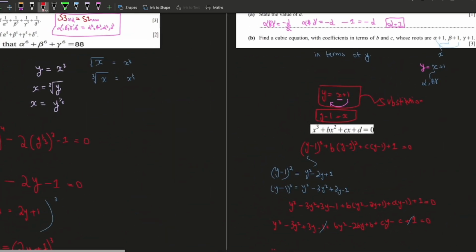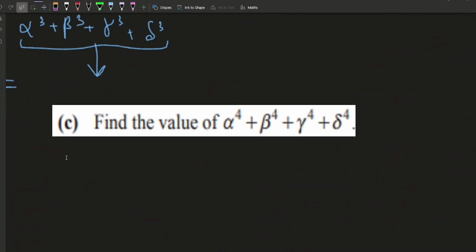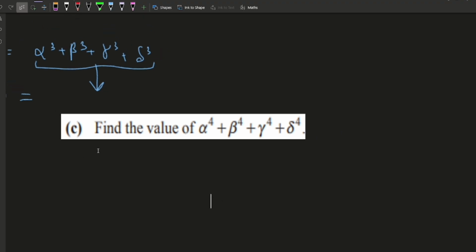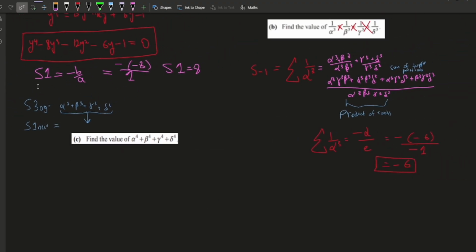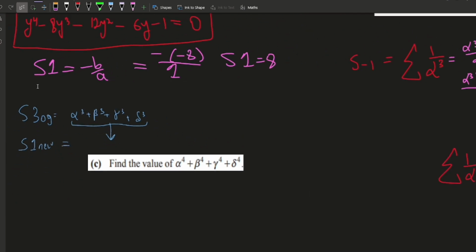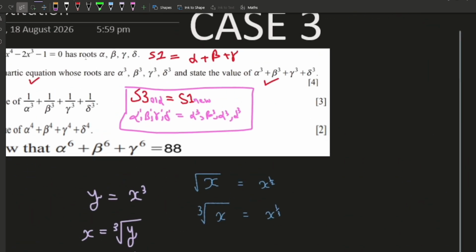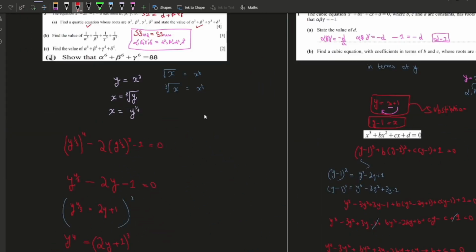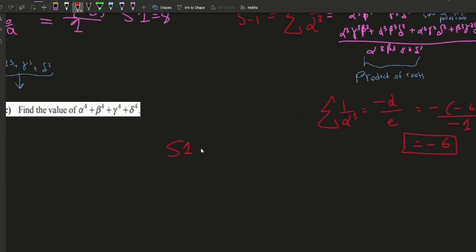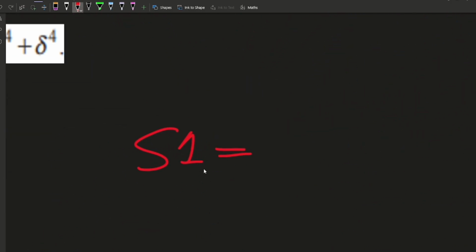Now for part C, we have to find alpha to the power 4 plus beta to the power 4, the sum of roots with all of them having a power of 4. Now we can't use our new equation to find this, because the relation between these equations was that if our new equation was S1, our original would have been S3.